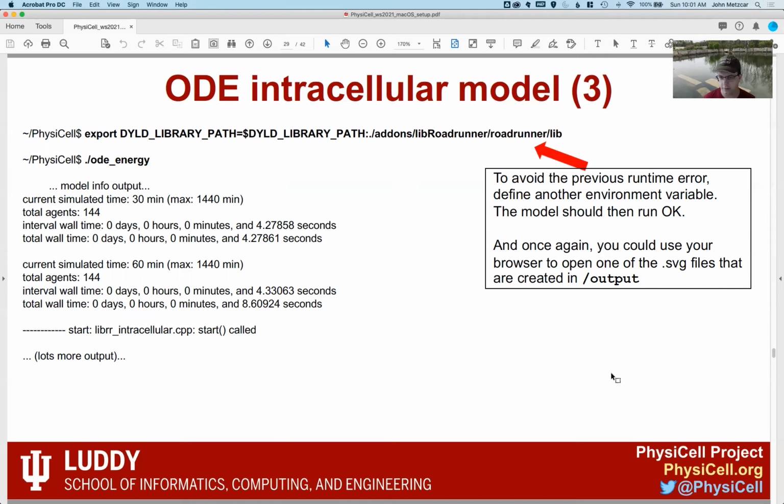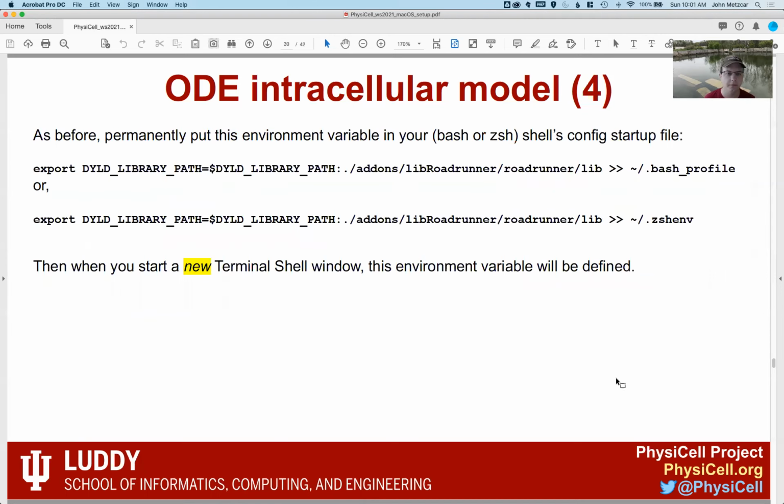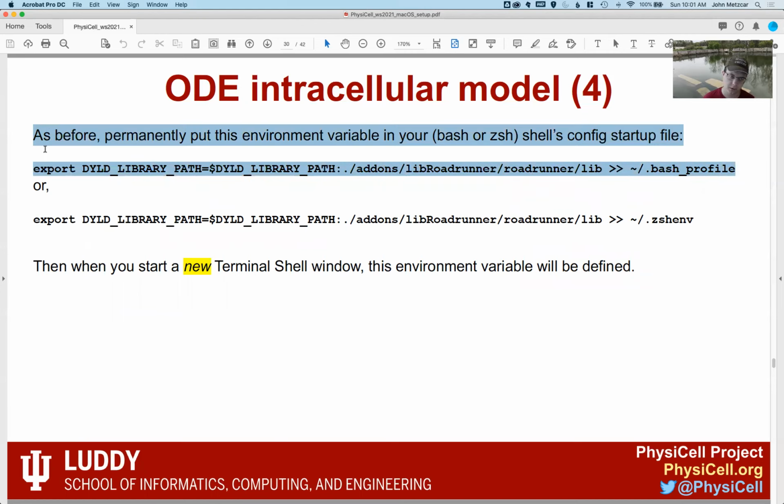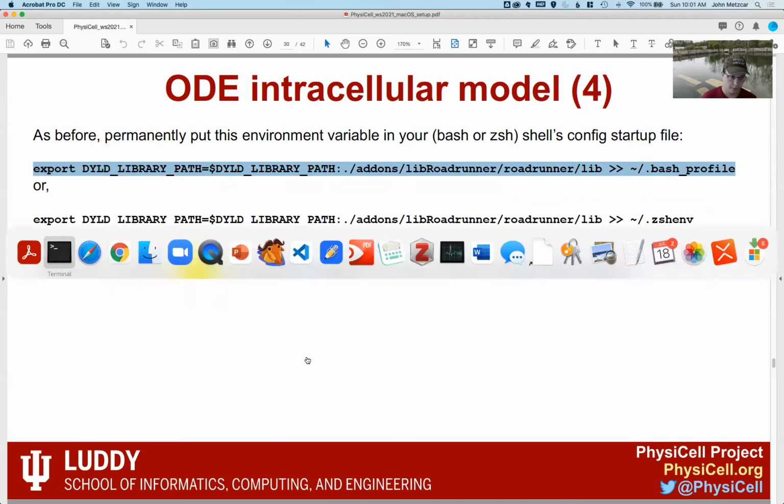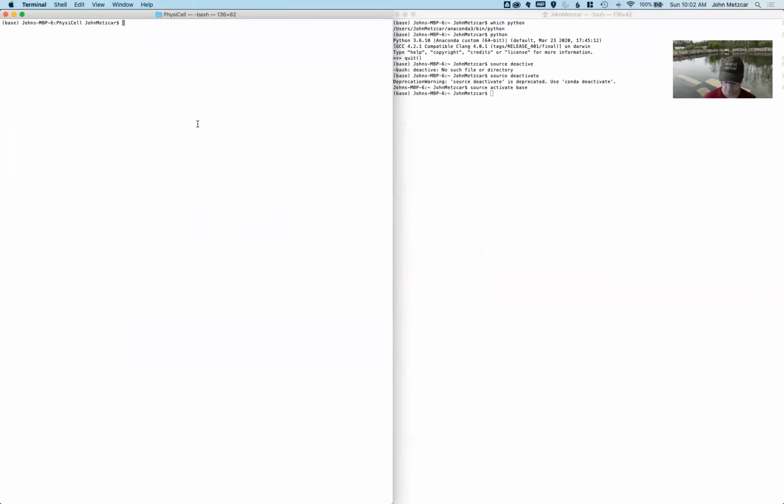And we're noting here that you can look at the SVG files. I'm not going to do that at this time. Instead, I'm going to make sure this time I haven't added this to my bash profile. So there we go. So you can just directly Command-C and Command-V to paste directly into the terminal.